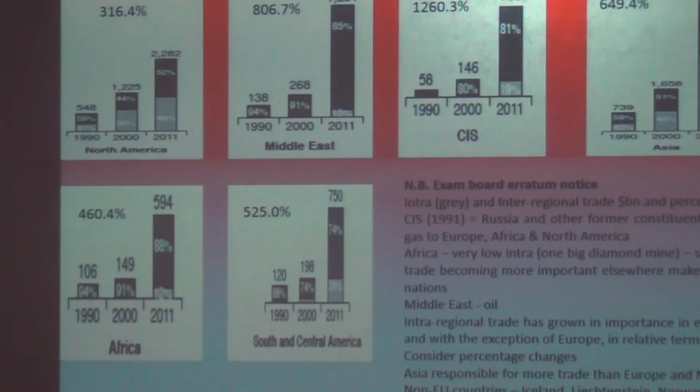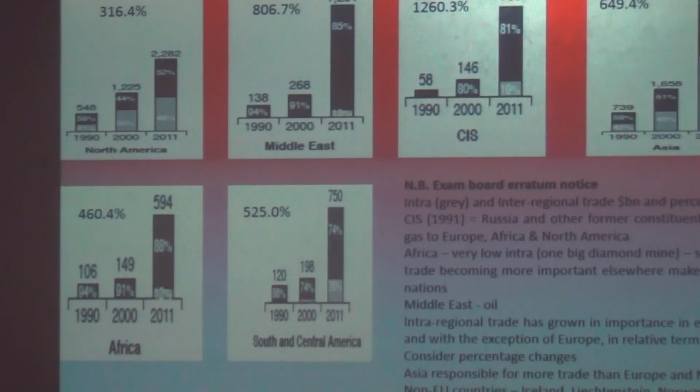If you do the same for South and Central America, so we're working out about 14% of 120 gives us 16.8 billion. That then rises to, it's difficult to see this, 26% of 750 billion, which is $195 billion. So it's gone from $16.8 billion to $195 billion.